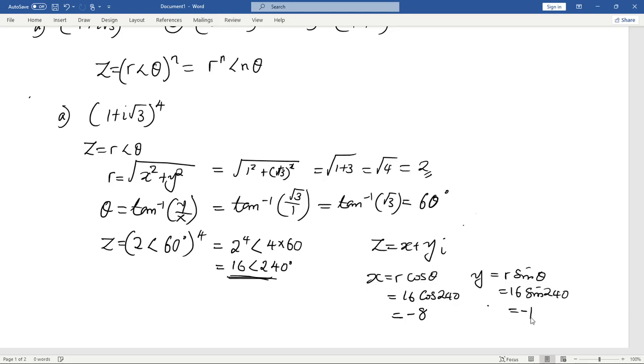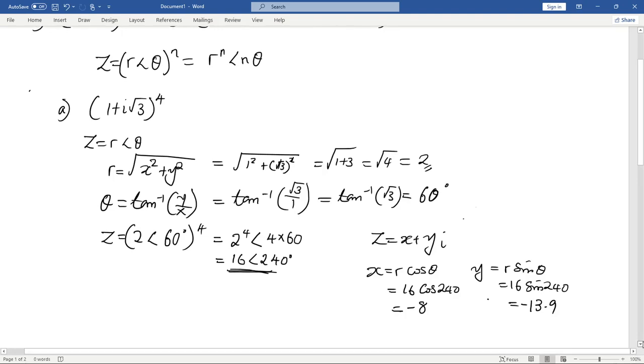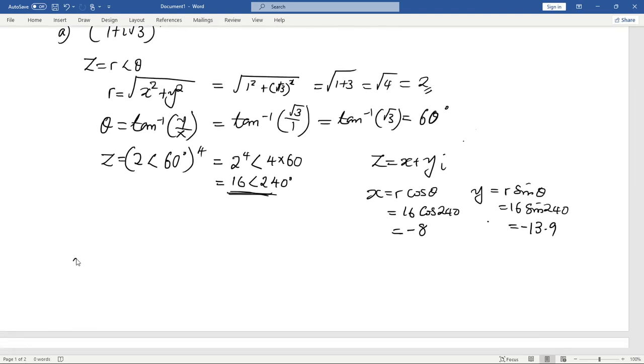So therefore, we have 1 plus i root 3 to the power 4 is simply equal to negative 8 minus 13.9i. Okay, let's look at the next question then.